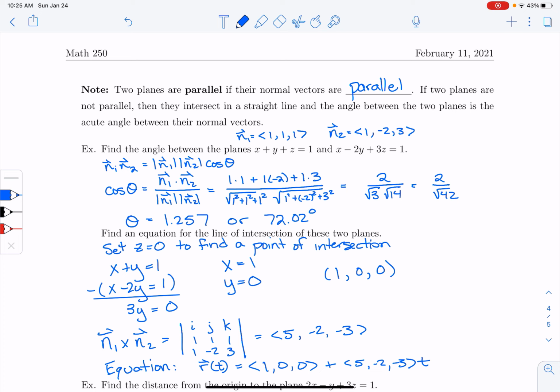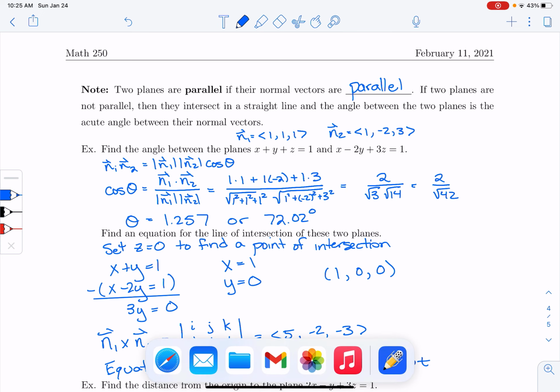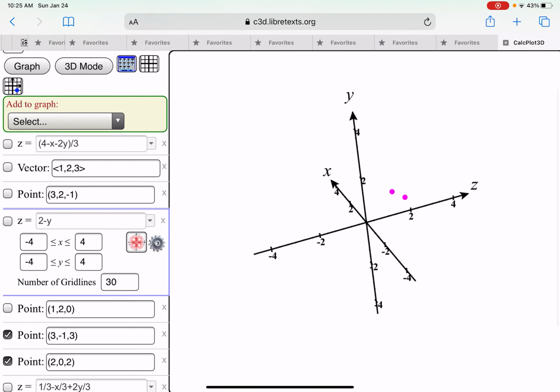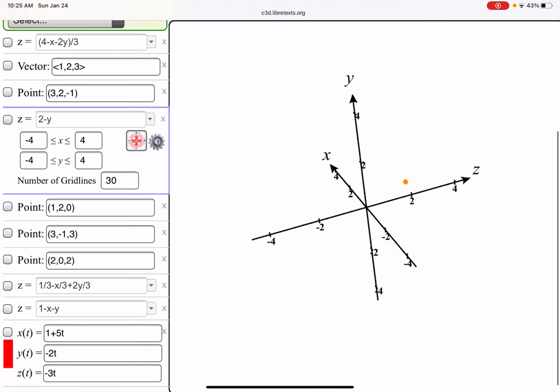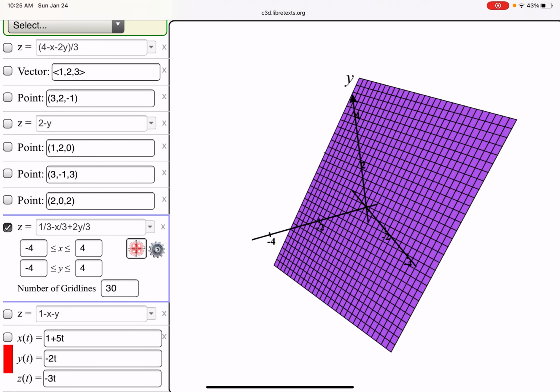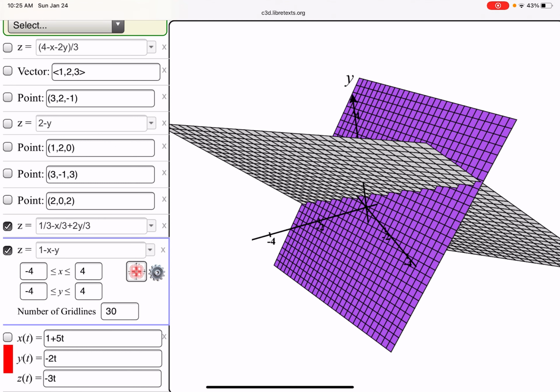Let's see that line of intersection on our graph. I'm going to take our plane, x minus 2y plus 3z is 1. And then our second plane was 1 minus x minus y equals z, or x plus y plus z equals 1.